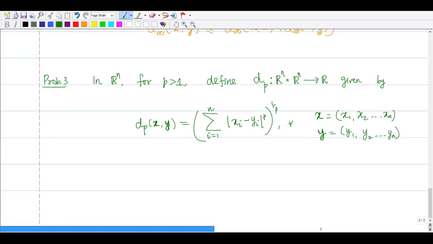Now we need to prove that dp is a metric on R power n.